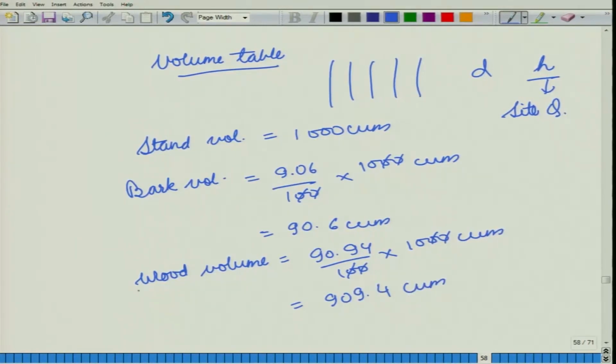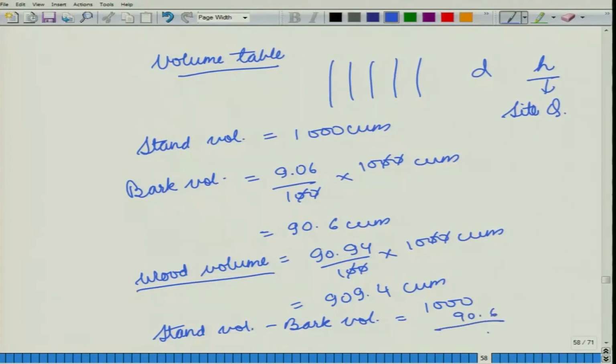We could also calculate the wood volume by taking the total stand volume minus bark volume, 1000 minus 90.6, which is 909.4 cubic meters.